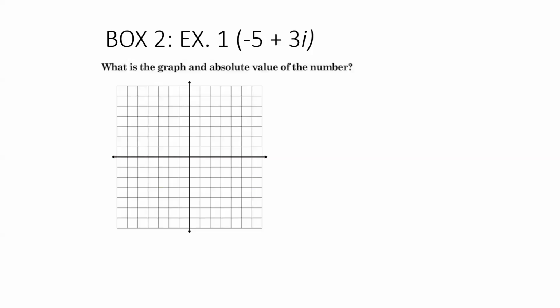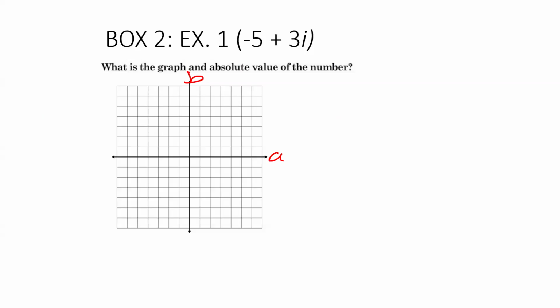So in box 2, you're going to write the example, -5 plus 3i, and you're also going to draw a coordinate grid. The steps to graph are to identify what's your real and what's your imaginary. Remember that your real is on the horizontal axis and your imaginary is on your vertical axis.